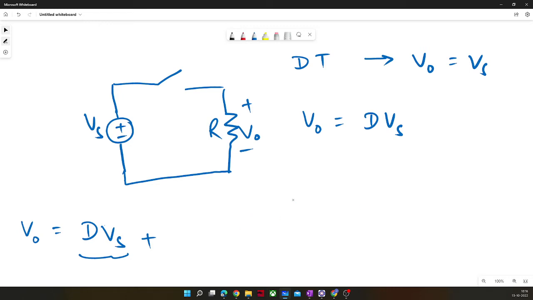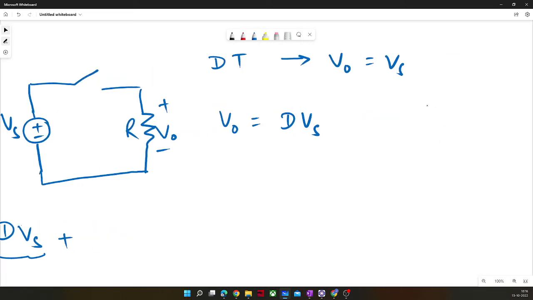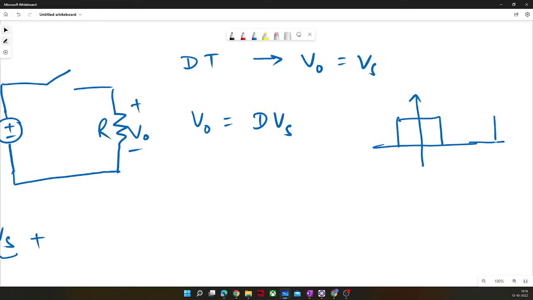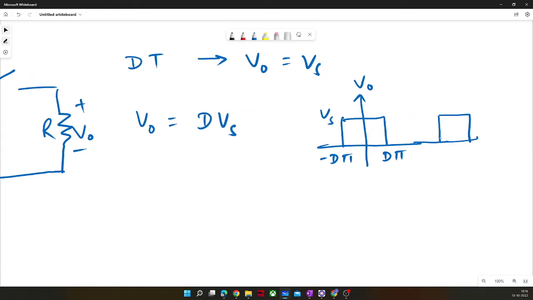As we all know, this is a DC-DC converter, but some AC harmonic or ripple will be there. This waveform, if you can recall, is kind of this. So if the waveform is of this type, then it will have some AC ripple. Okay, so Vs minus d pi d pi.